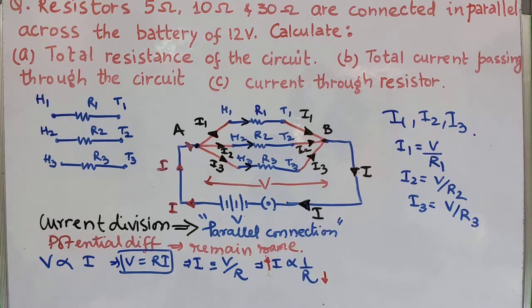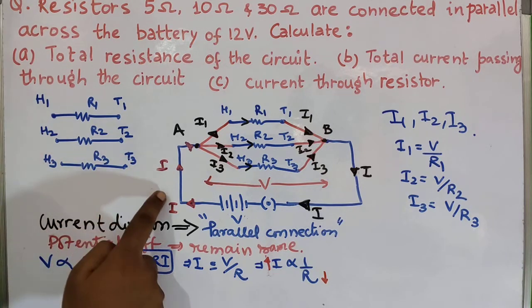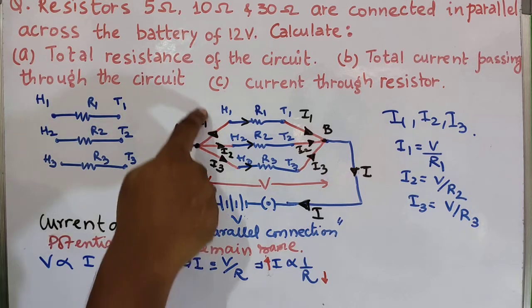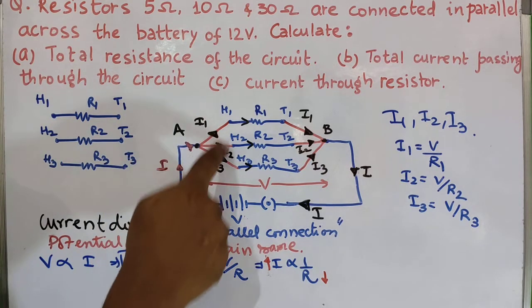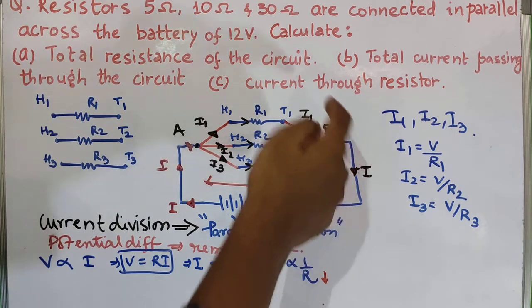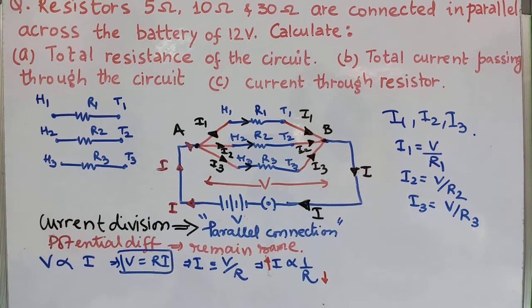Now if you see here, the current passing through the circuit is I, and at the junction A, it is getting divided into I1, I2, I3, and at the junction B, they are combining and forming I. So can I write this term like this?